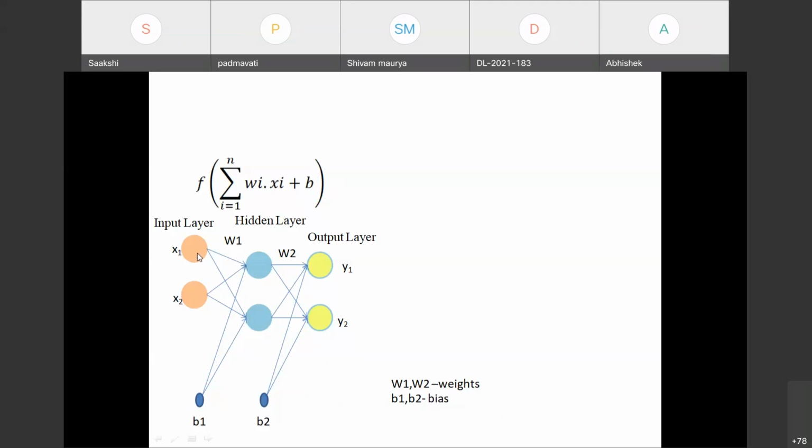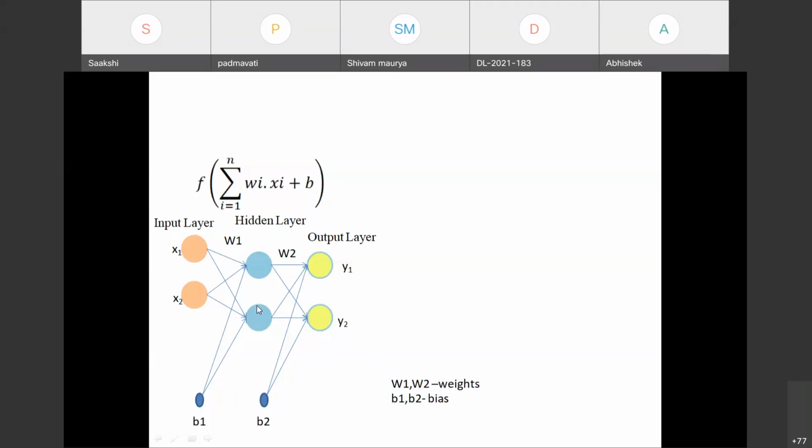In this input layer, if I ask you the dimensionality of input x, someone unmute and tell me. 2 cross 1. Fine. Definitely, it is a single vector representing my input, but it has 2 attributes, so it should be 2 cross 1.